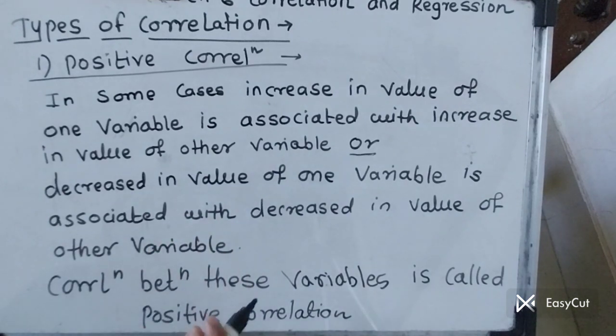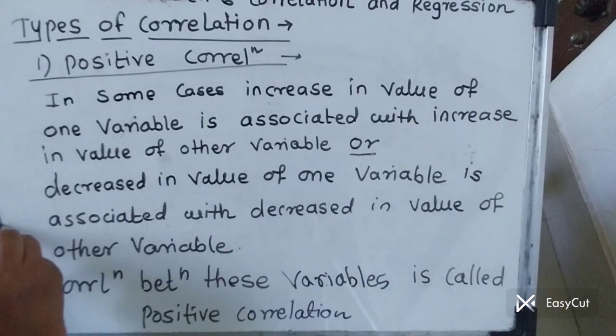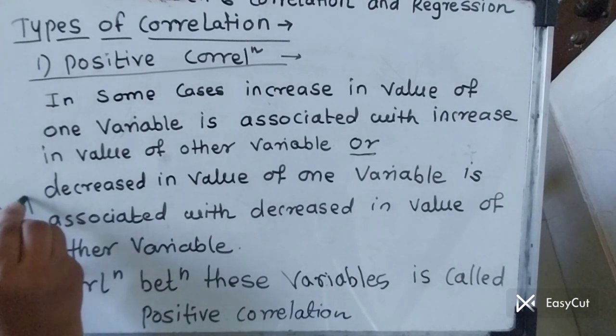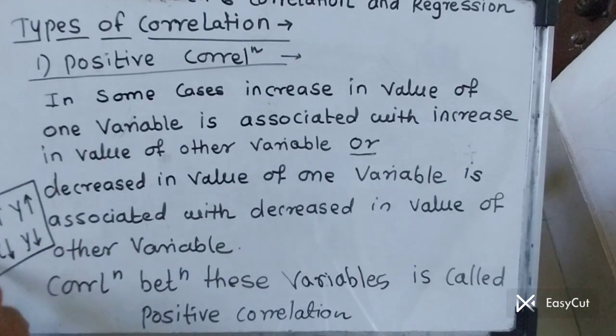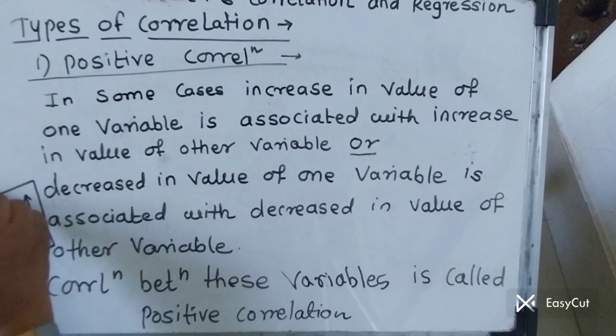So correlation between these variables is called the positive correlation. One variable increases, other also increases. If one variable decreases, other also decreases, then we call it a positive correlation.